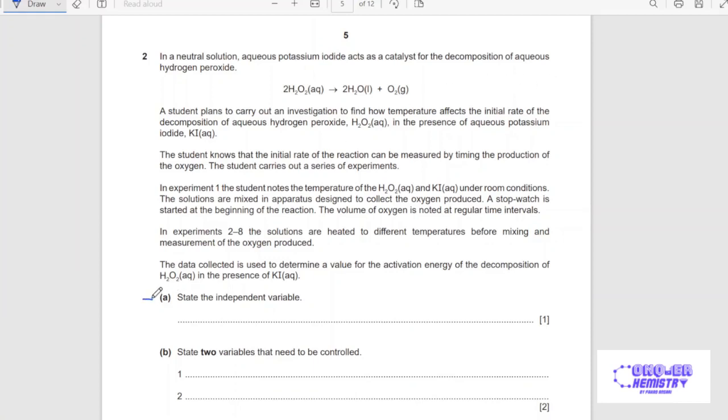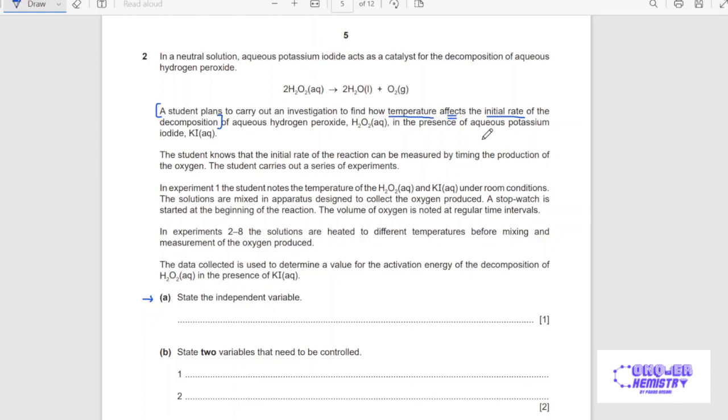All right, let's take a look at part A. It says over here, state the independent variable. If you take a look at this statement, it says a student plans to carry out an investigation to find how temperature affects the initial rate of decomposition. So now you need to look at what affects what. If you change the temperature, it affects the initial rate.